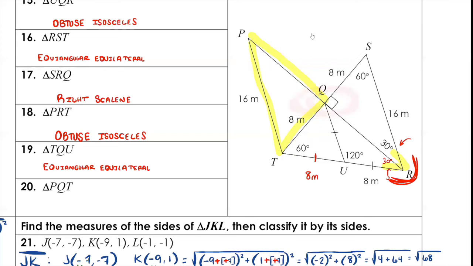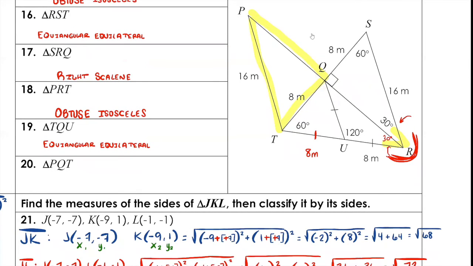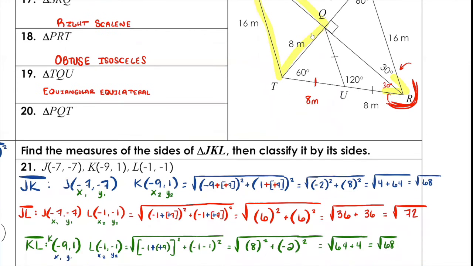What do we know is true about lines that intersect and form a perpendicular angle? That they're all right if one's right. If one's right, they're all right. So it's a right scalene.